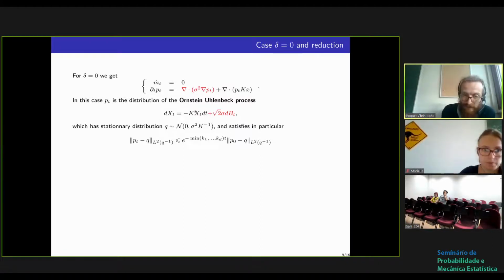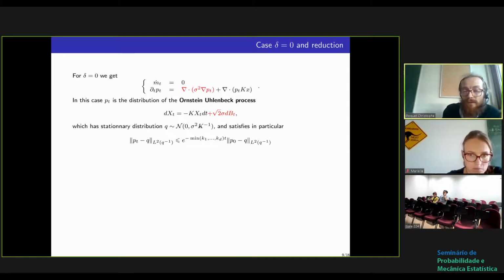I think everybody knows it, so you can say a lot of things about this process. If you start from something that is Gaussian, you stay Gaussian. You can show that it converges in distribution to some normal distribution that is in fact with mean 0 and variance sigma times k to the minus 1.